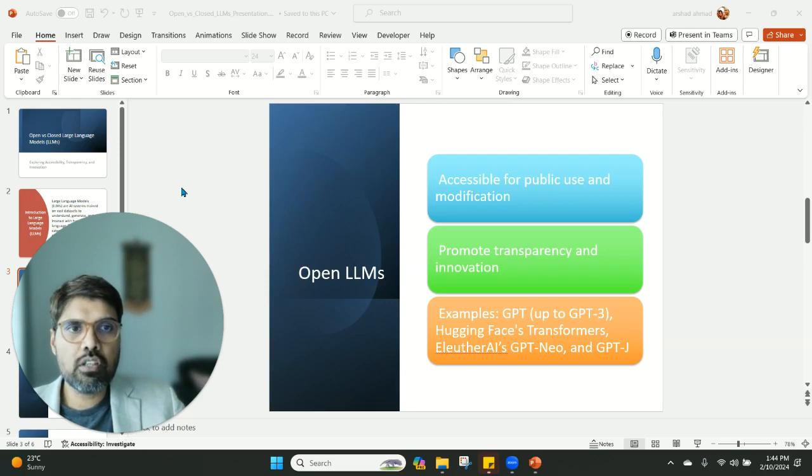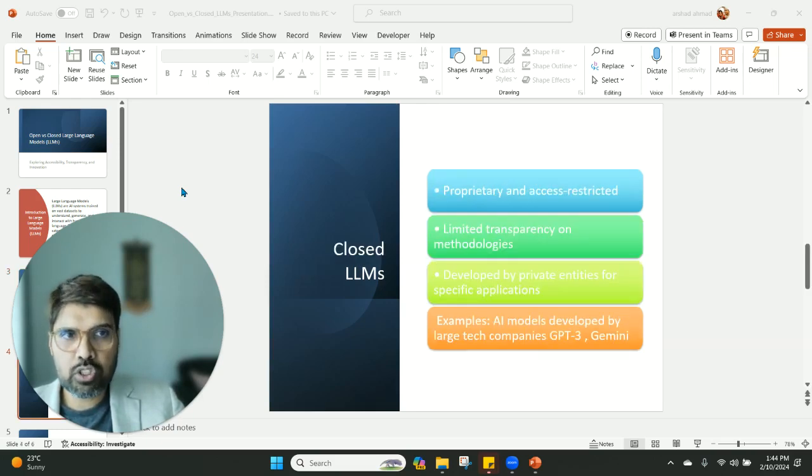Next, we are going to look at closed LLMs. So closed LLMs are proprietary and they have limited transparency in methodology. We don't know the weights of the different words that go into the large language model.